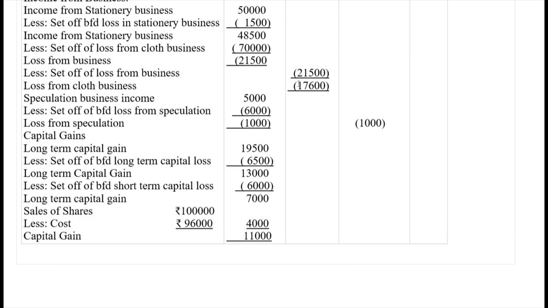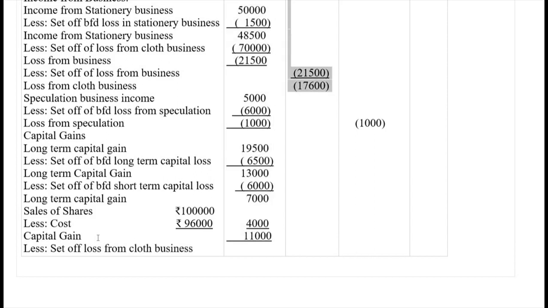So now we have got a loss of 17,600 here, against which we can make adjustment of this capital gain. So less set off of loss from cloth business against that income, that will get rupees 11,000.